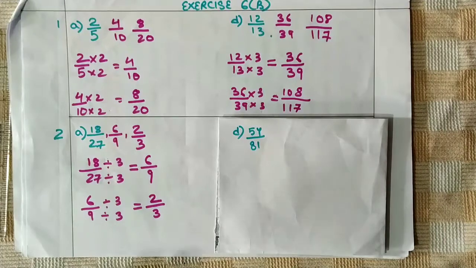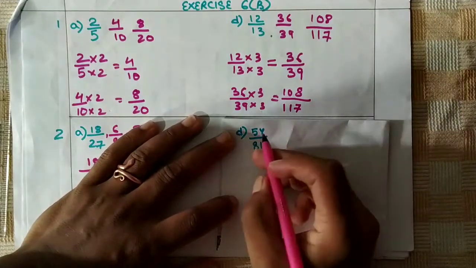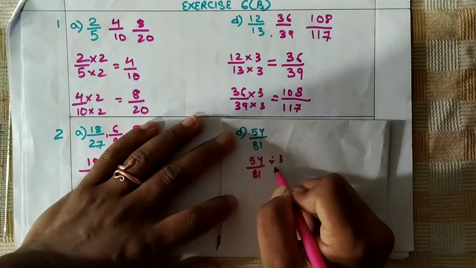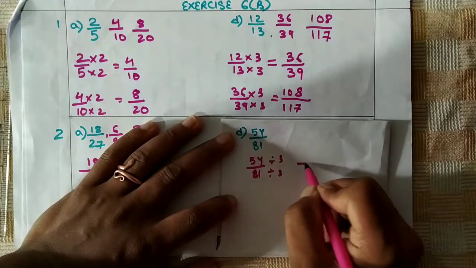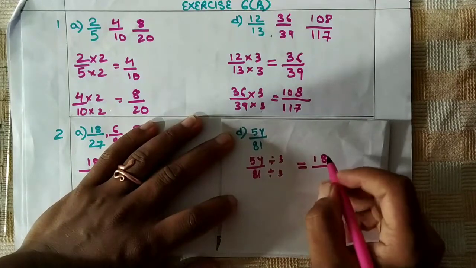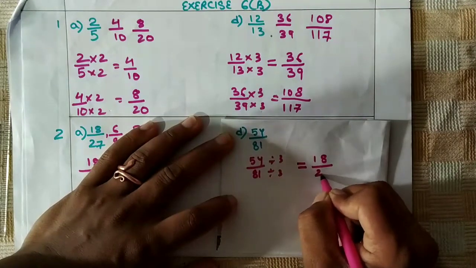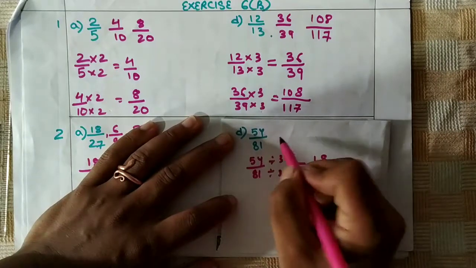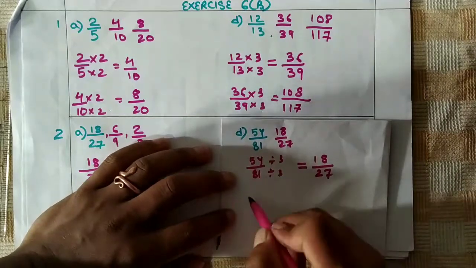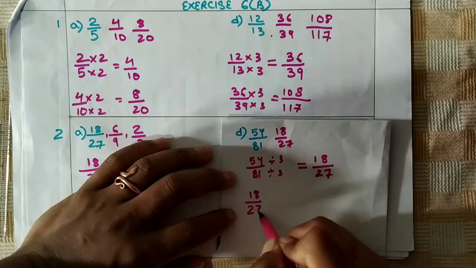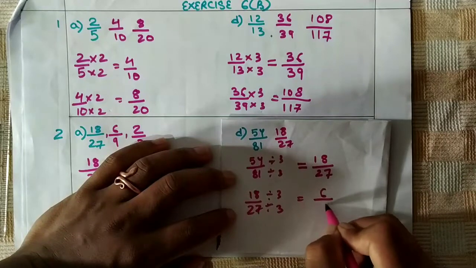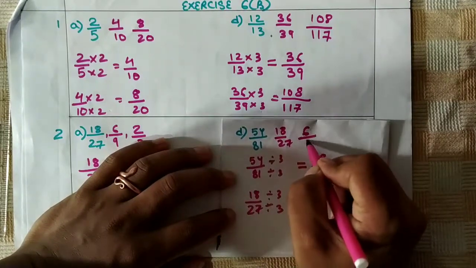Now 54 by 81 can also be divided by 3. 18 by 27 is one equivalent fraction, and let's divide 18 by 27 by 3, giving 6 and 9.